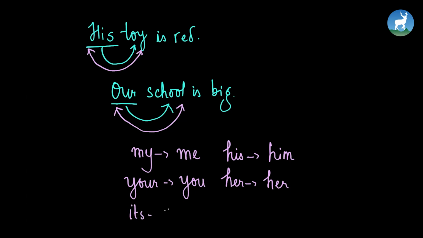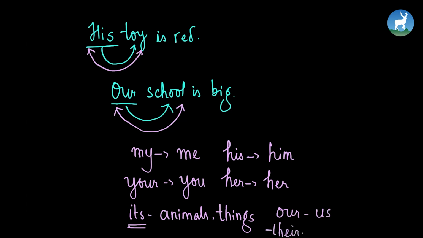And we use its for describing the things that belong to animals or things. Whenever we have to explain about animals or things using a possessive adjective, we use its. Likewise, we also use our for the things that belong to us, and we use their for the things that belong to them.